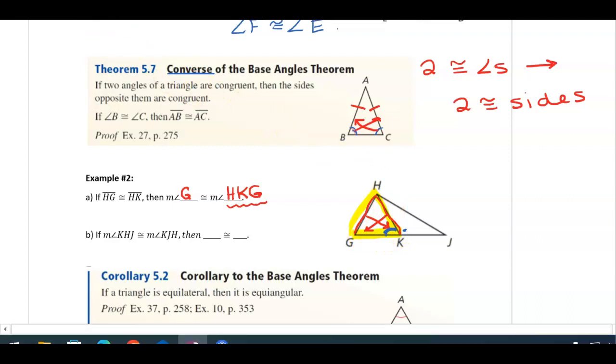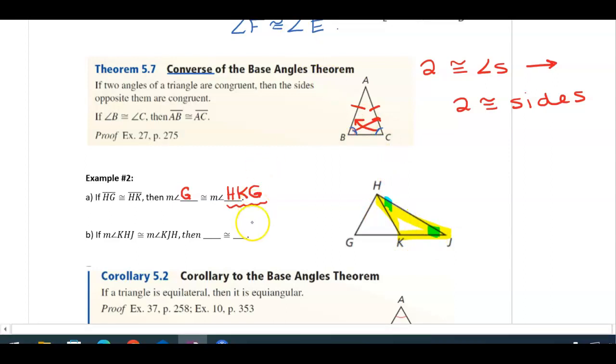I'm going to erase what I have so it doesn't confuse us on B. On B it tells me that angle KHJ, so this angle here, is congruent to KJH, which is this angle here. Those are two angles of this triangle here, so I'm just going to look at this triangle.